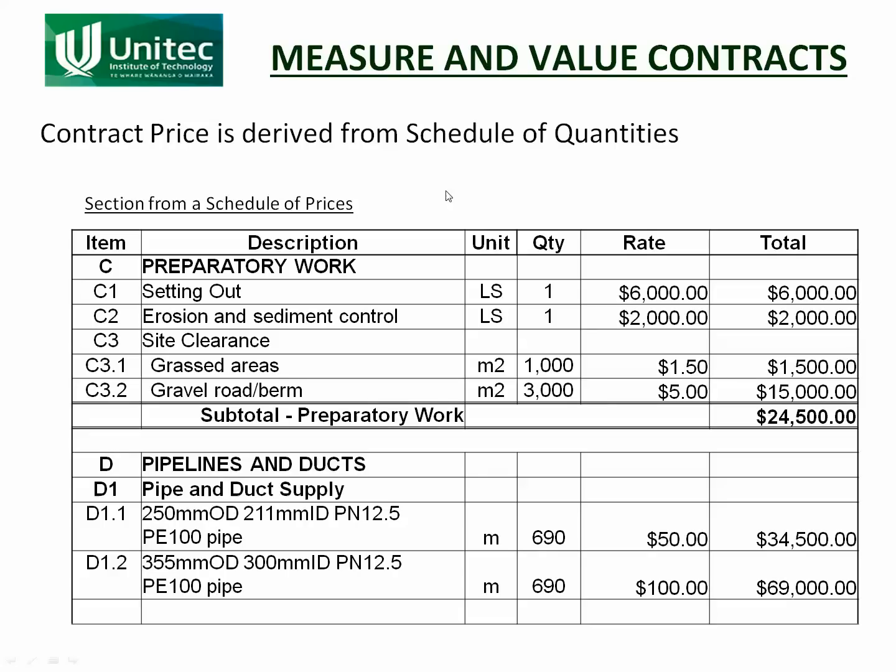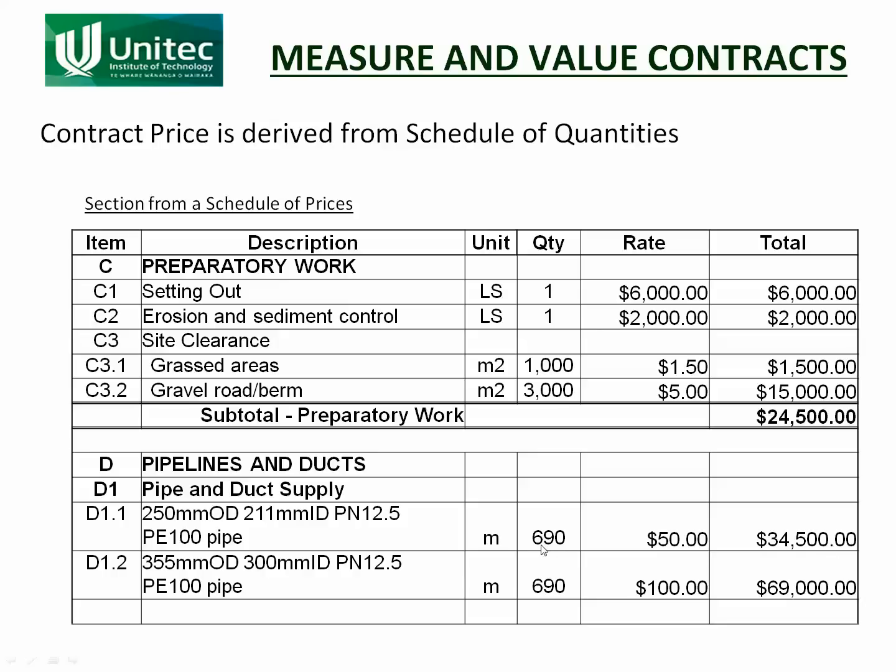In a measure and value contract, there is a schedule of quantities, and that is what guides how much the contractor is paid. So for example, with this 250 OD pipe, the scheduled quantity is 690 meters. Now in a lump sum contract, if it was 700 meters, he would still get paid the same.